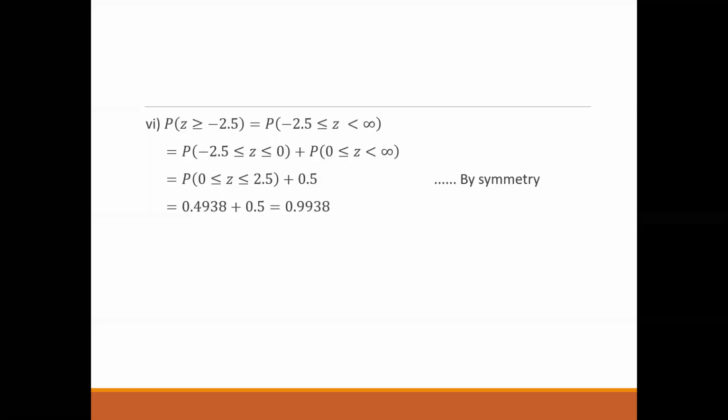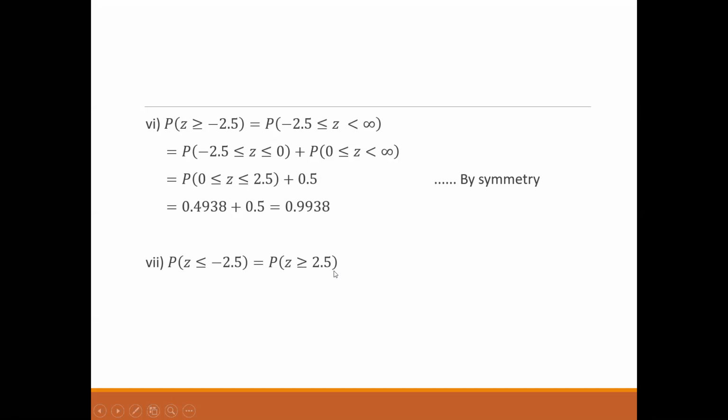Clear? Now again, what I can do is change the greater than sign into less than sign and keep the negative value. So if I do that, what will happen? If I want to find out the probability for the values lying between minus 2.5 and minus infinity, this can be written as P of z greater than 2.5.